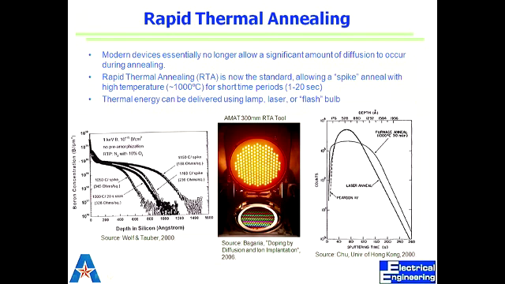Depending on how much of what type of material you have, that might be a consideration. We can work on reducing that effect, and that's why RTA works: you heat it quick, cool it quick, and your wafer is still good.